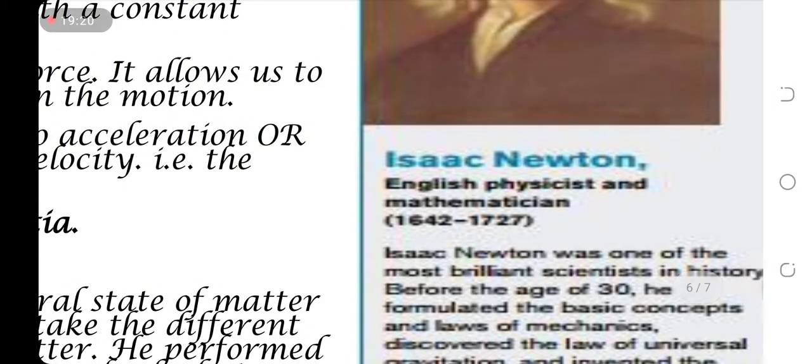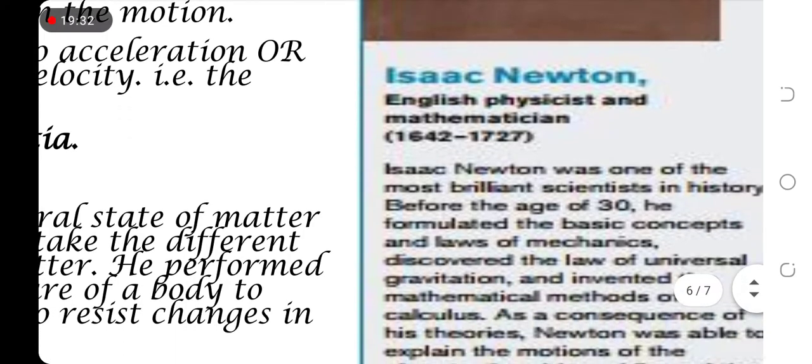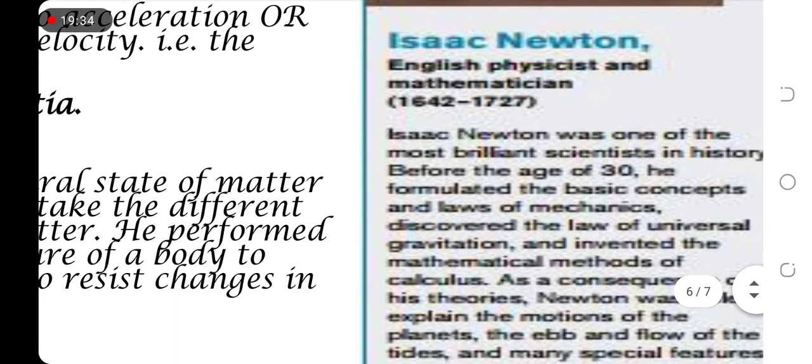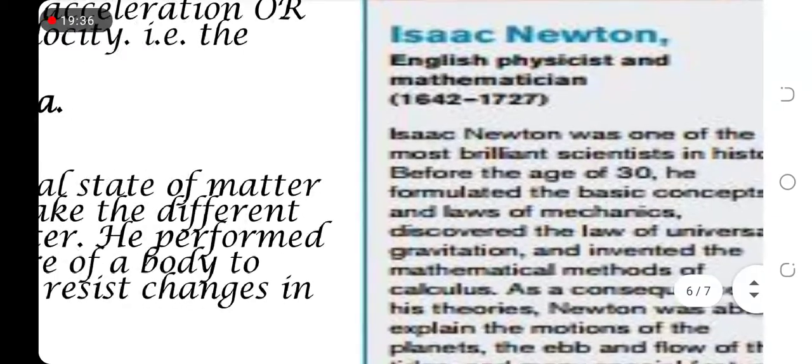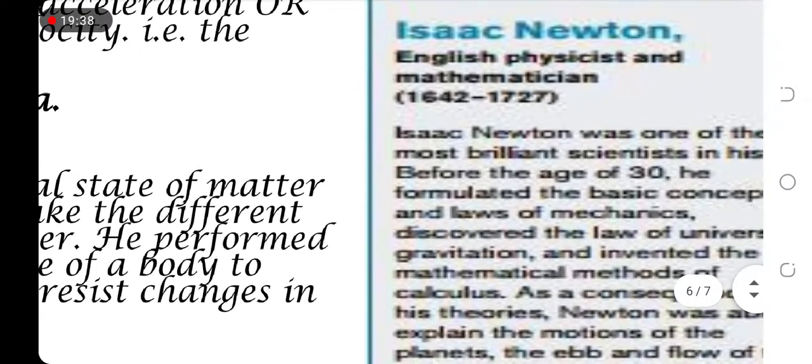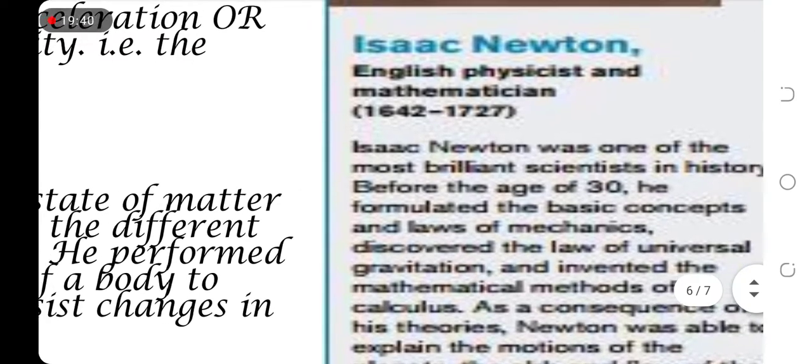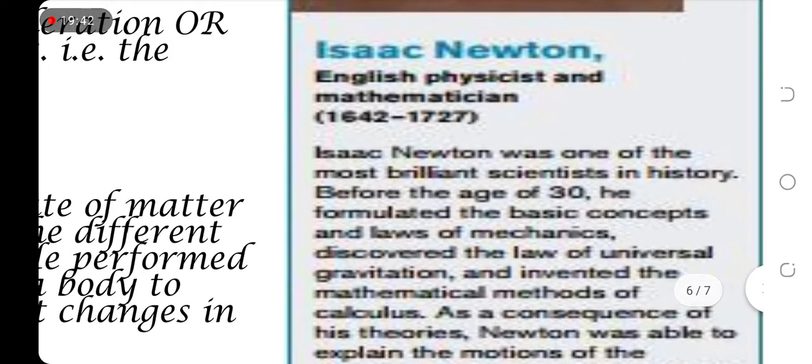Sir Isaac Newton, English physicist and mathematician. Period is 1642 to 1727. Isaac Newton was one of the most brilliant scientists in his era, in history.